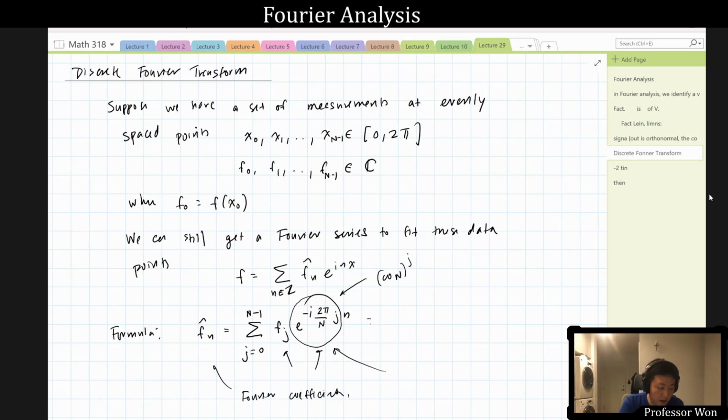You can think of this as the dot product of some omega n vector, so omega n squared, right, omega n to the n minus 1. Really, I should put to the nth powers here, dotted with this vector. Right, that's another way to think about what these things actually are.